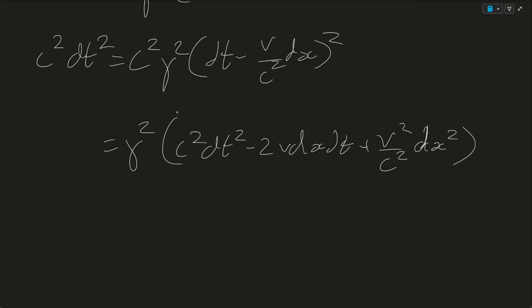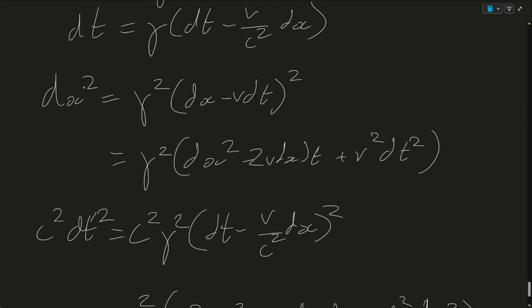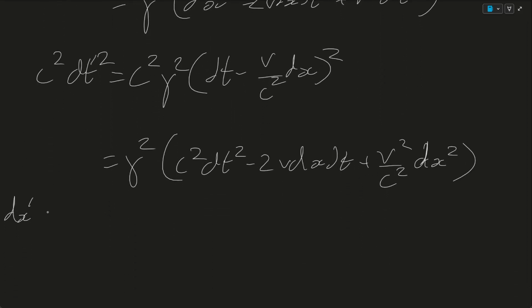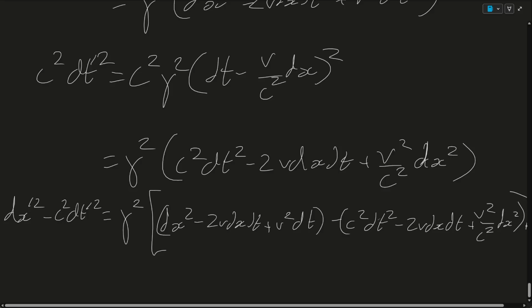And of course we can subtract these two from each other, and it's going to be chunky and horrible. I forgot to write the dashes there. Sorry. So dx dash squared minus c squared dt dash squared is equal to gamma squared for everything: dx squared minus 2v dx dt plus v squared dt squared, minus c squared dt squared plus 2v dx dt minus v squared over c squared dx squared.